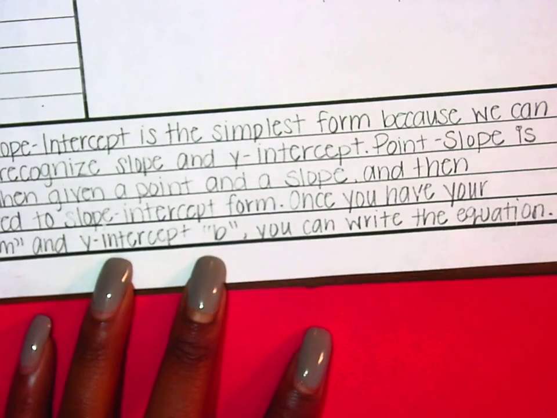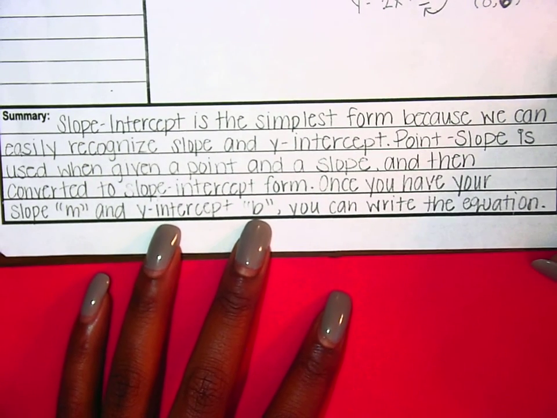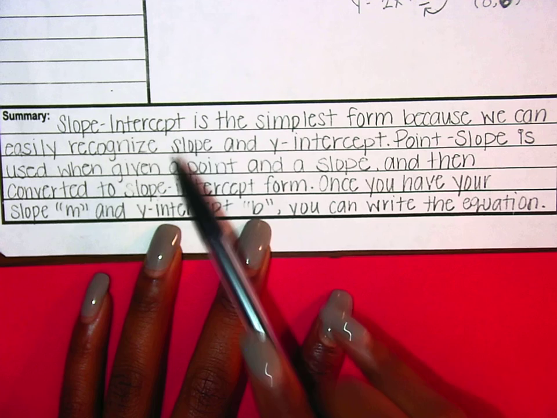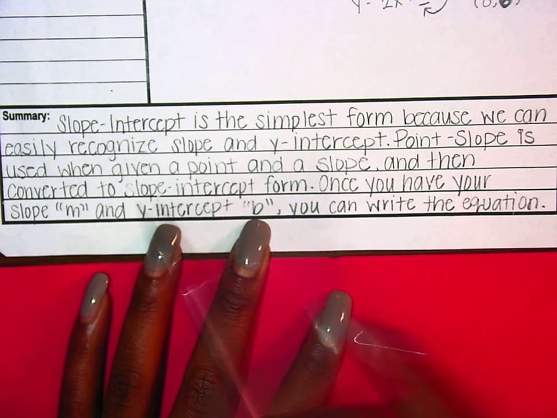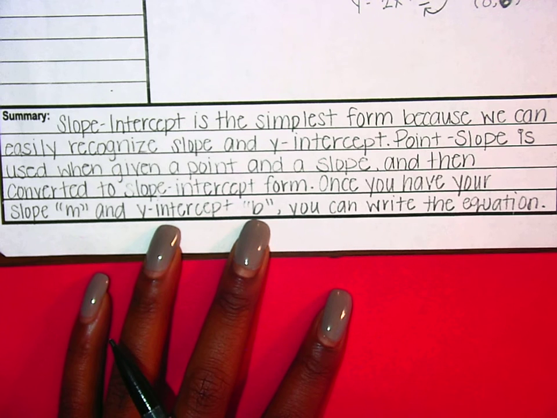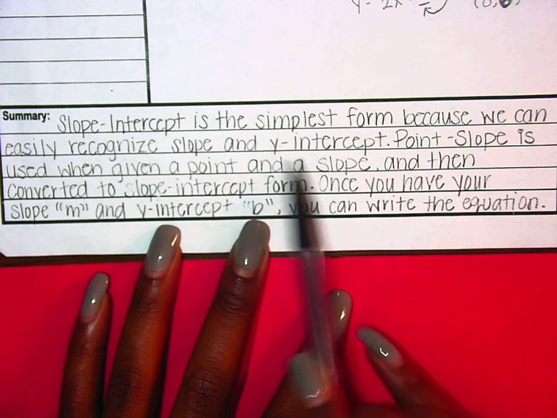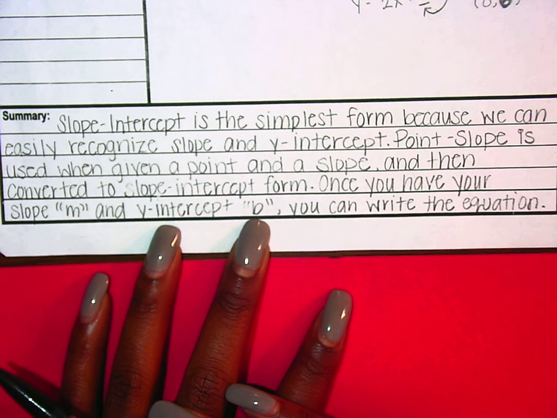So, to summarize it all up, slope-intercept form is the simplest form because we can easily recognize slope and y-intercept. Point-slope form is used when given a point and a slope, hint, point-slope form.